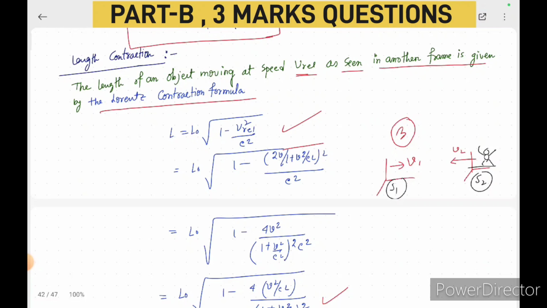For this type of question, first of all we calculate the relative velocity, which equals v1 plus v2 upon 1 plus v1 v2 upon c square. This is the formula from the velocity addition theorem, which we use in relativity cases.